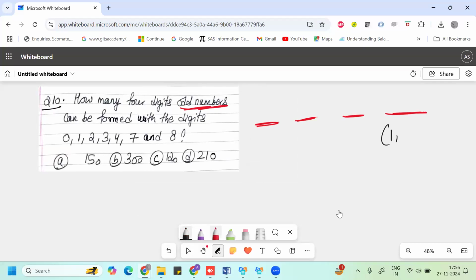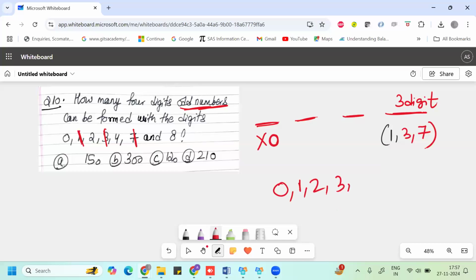But here which digits do you have? Odd ones 1, 3, 7. So it should end with 1, 3, or 7. So 3 digits can come, either 1 or 3 or 7. And then you need a 4-digit number, so 0 cannot come here. Total you have 0, 1, 2, 3, 4, 7, and 8.